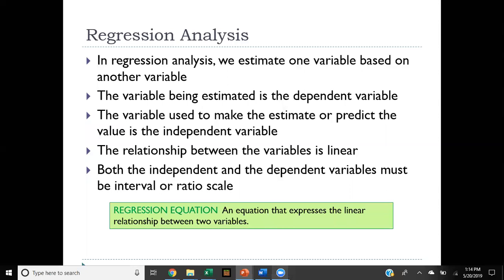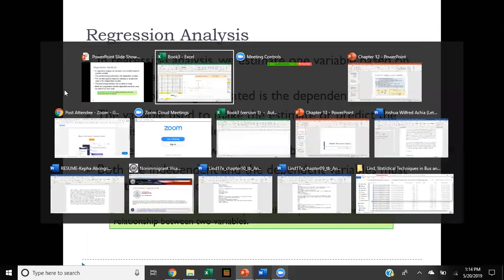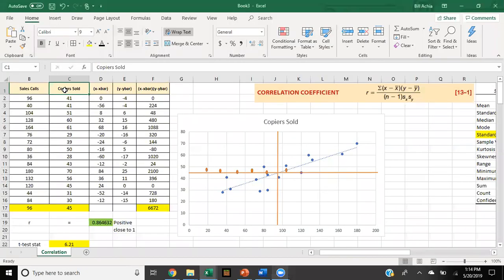Going back to the spreadsheet one more time, how would this work? Let's assume that I want to believe that there's a relationship between the number of sales calls that a representative makes and the number of copiers sold. Could I then find out how many copiers we should expect to sell if a salesperson made 100 calls, for example?